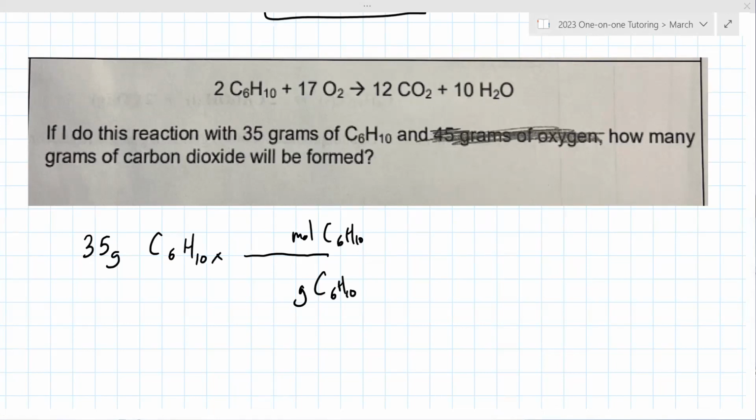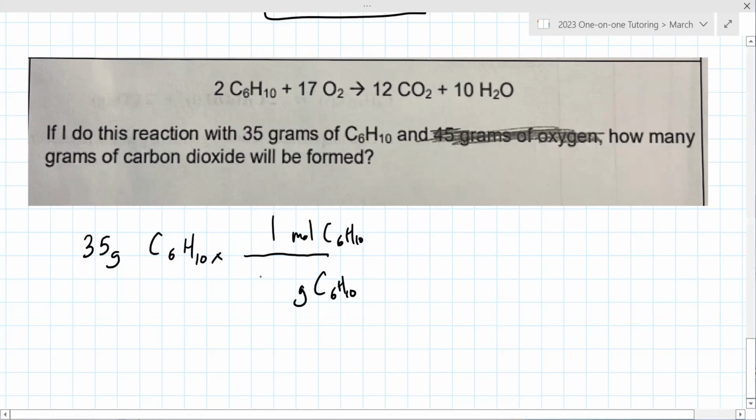So 1 mole C6H10, and then how many grams is that? 82 grams. Yeah. And then you go mole C6H10.